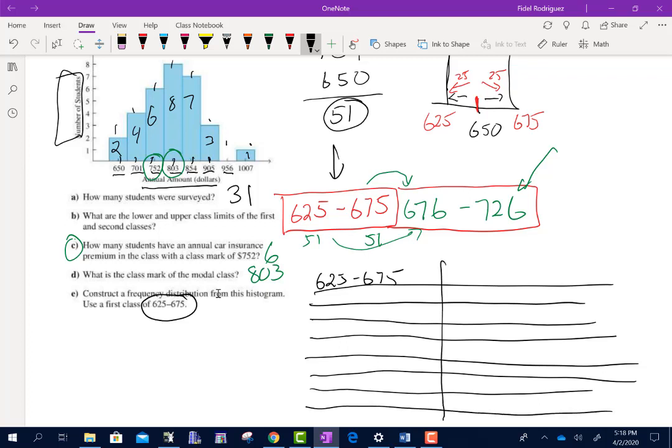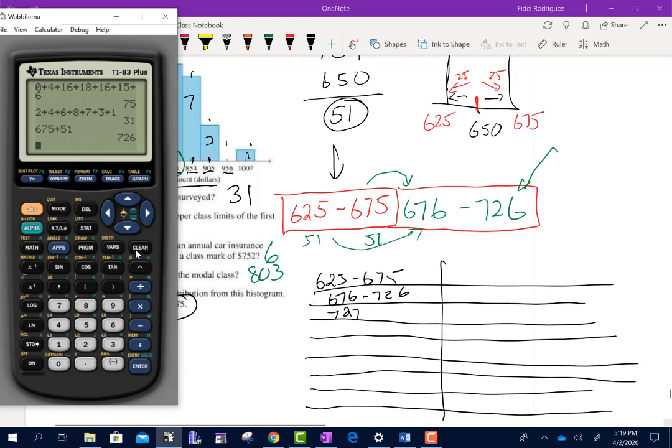Okay. So then the next one we said was 676 to 726. I know the next number here would be 727. What I'm going to do is start doing my bars. So if I'm at 727, if I add 51, that's going to give me 778.